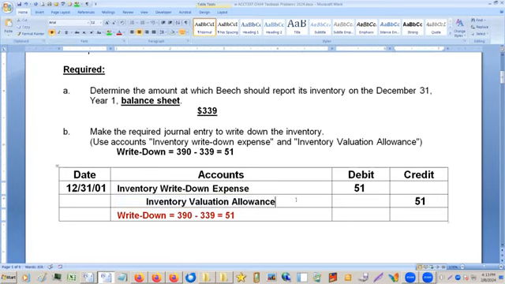This is going to go on the income statement, and this one will go on the balance sheet.